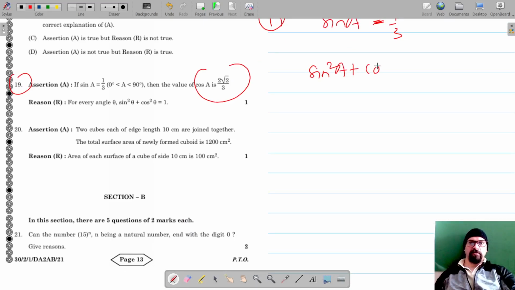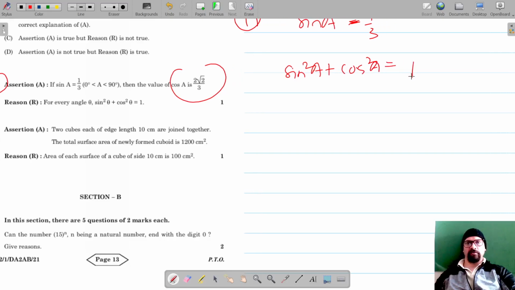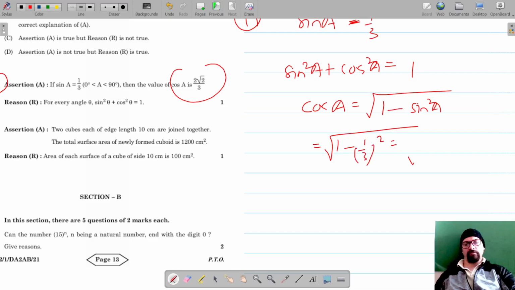We know that sine square A plus cos square A for every angle A is 1, and we have to calculate cos A. So cos A is equal to under root of 1 minus sine square A, and sine square A is (1 by 3) whole square, which is 1 minus 1 by 9, which is under root of (9 minus 1) by 9, so 8 by 9.